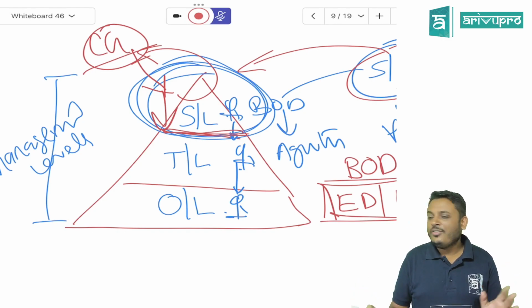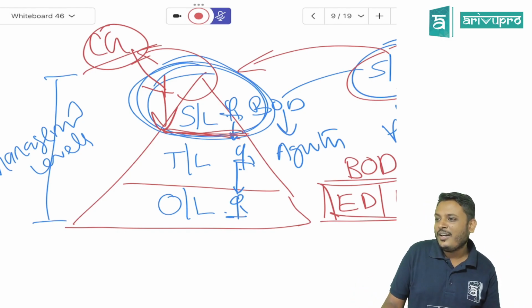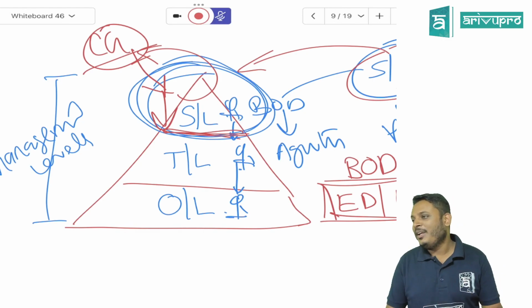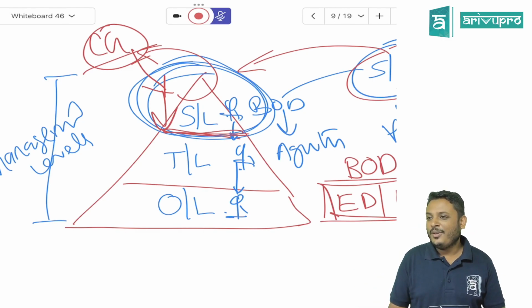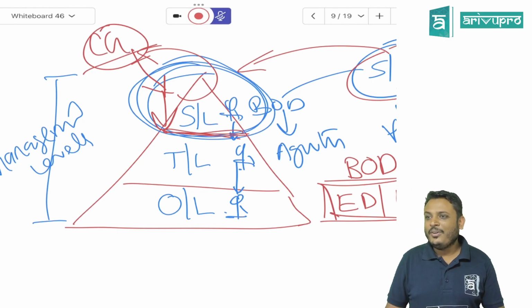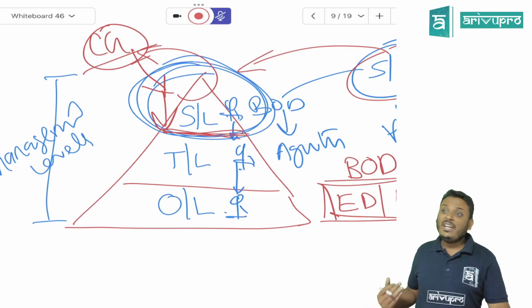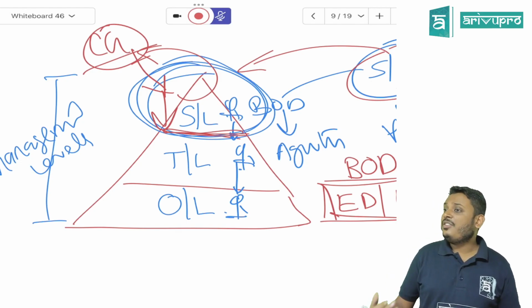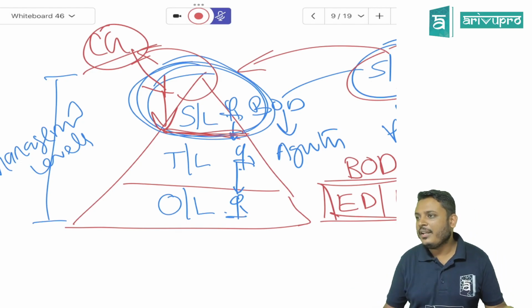When there are two power blocks, this fellow is afraid to fight with that fellow, and that fellow is afraid to fight with this fellow. There is no superior. The world is a safer place. But when there is one power block, then there is a problem. That's why in India we are not practicing a unitary government. Two power blocks are there.